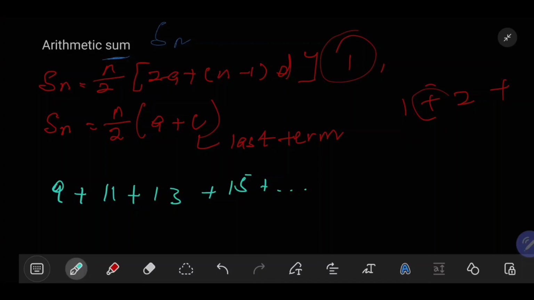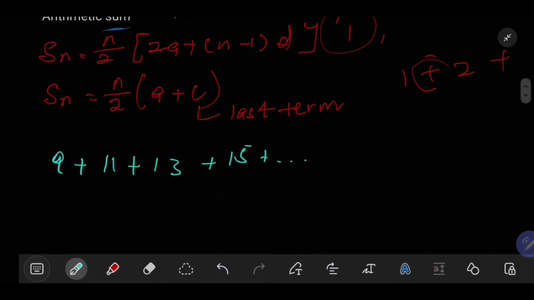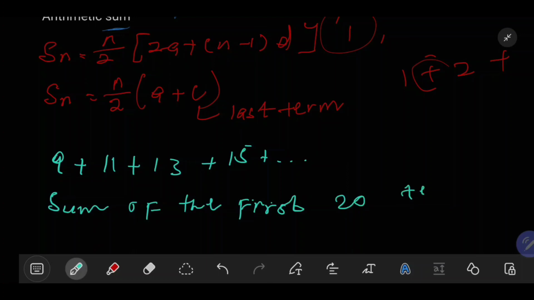If a question comes and they say, calculate the sum of the first 20 terms, in this case we're going to use this formula here.